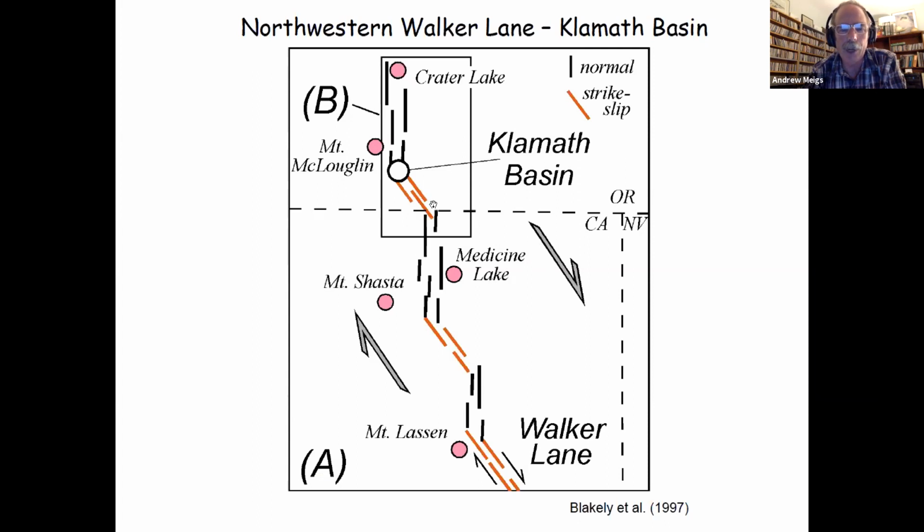And what he posited and what the geology reflects is that northwest trending faults have right lateral shear, north trending faults have extension on them. And thus the Klamath Basin is at the northern end of this Walker Lane that extends all the way down into California along the east side of the Sierra Nevada.